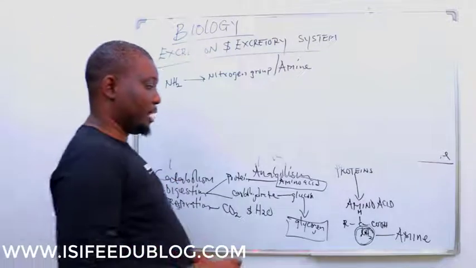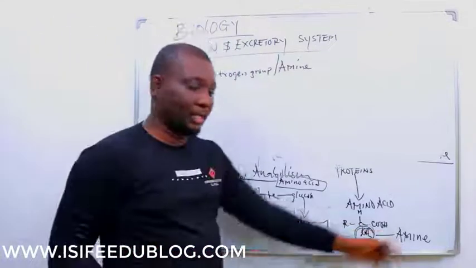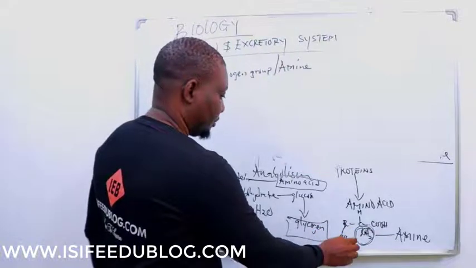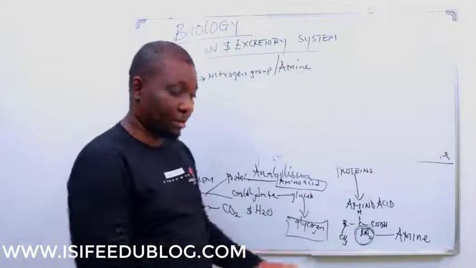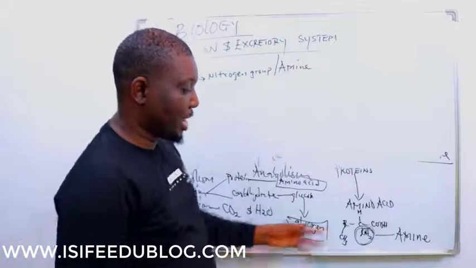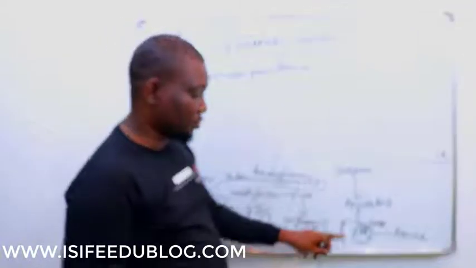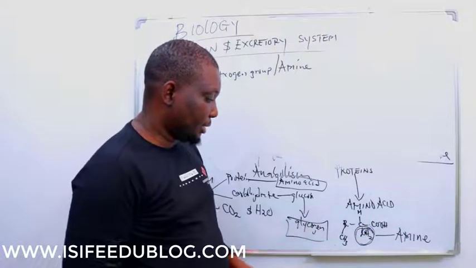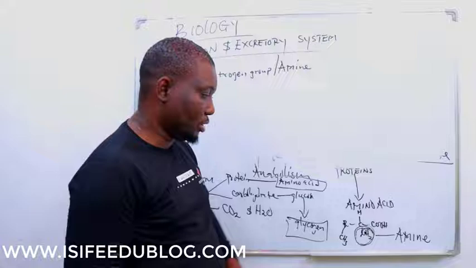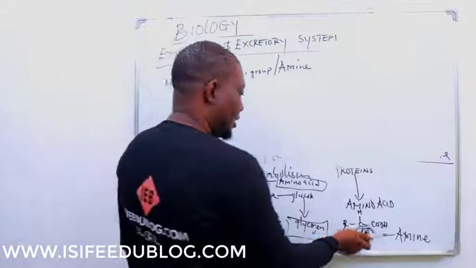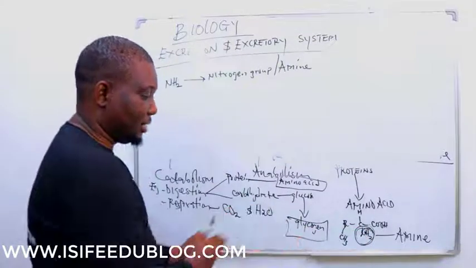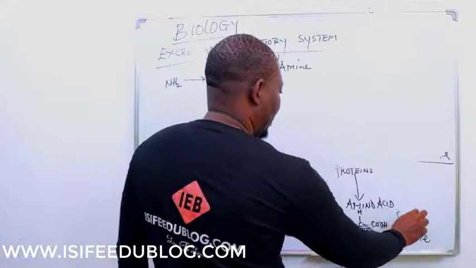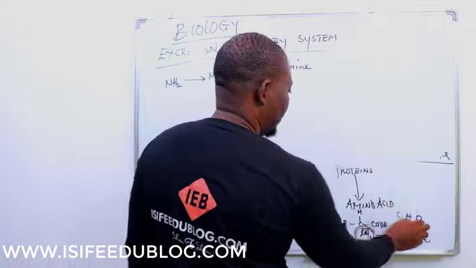And having removed it from here, that means the other fragment here, remember that this R here can be CH3, still a hydrocarbon. This R means hydrocarbon. The remaining fragments here are hydrogen, carbon, and oxygen. So the remaining fragment in the amino acid, when the amine is removed, is now carbon, hydrogen, and oxygen.